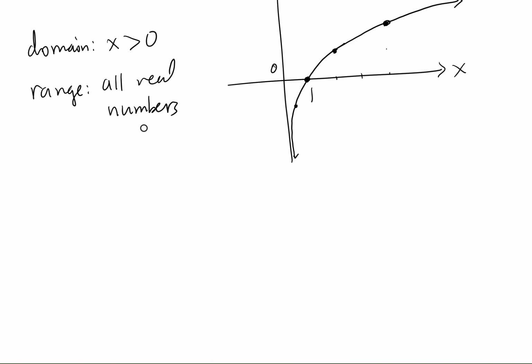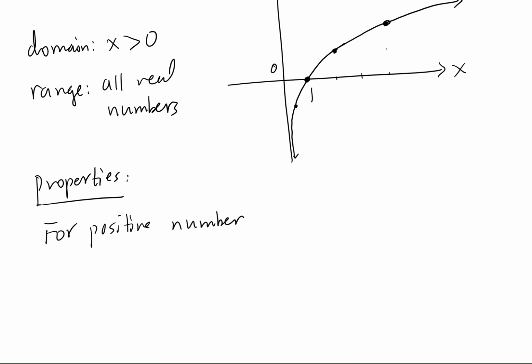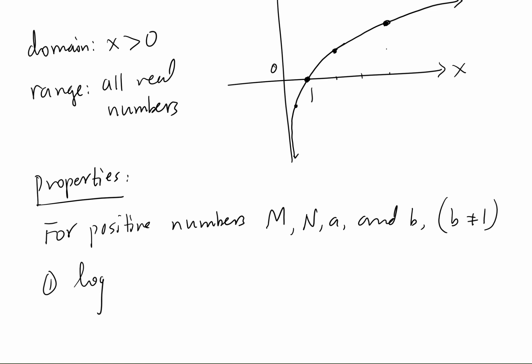Now, logarithmic functions have their own properties, and there are a lot of them. We're going to introduce them here. For positive numbers m, n, a, and b, where b is not 1: the first property says log mn base a equals log m base a plus log n base a.